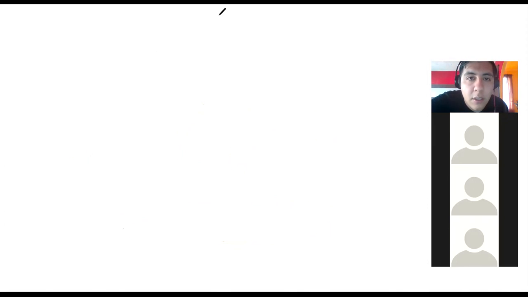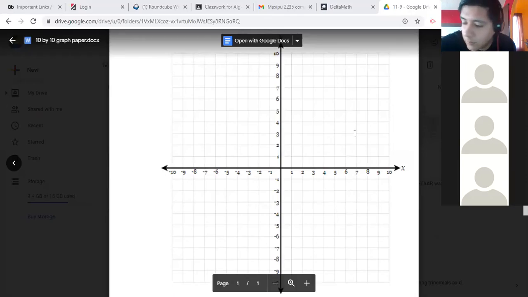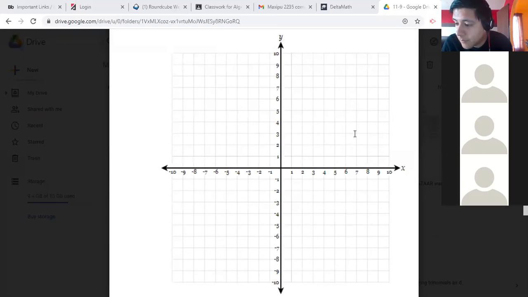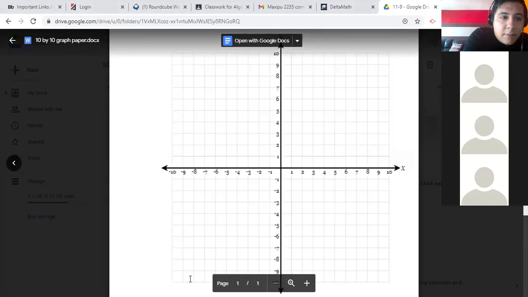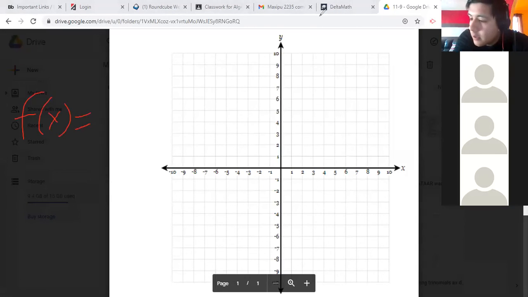All right, so almost done here. So let's say these are our graphs right here.